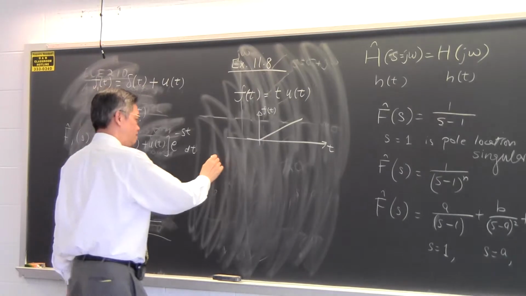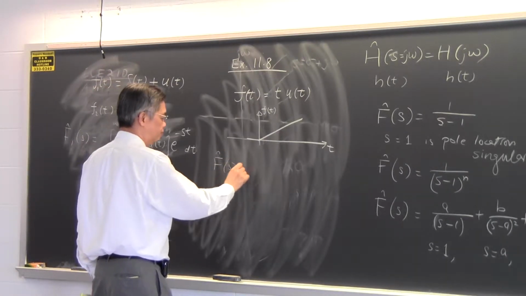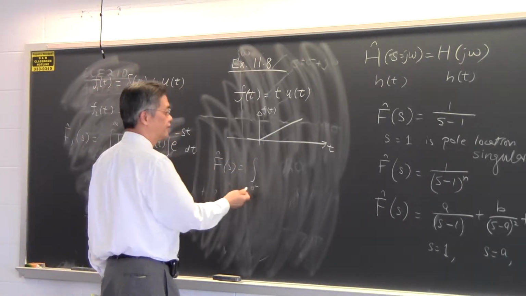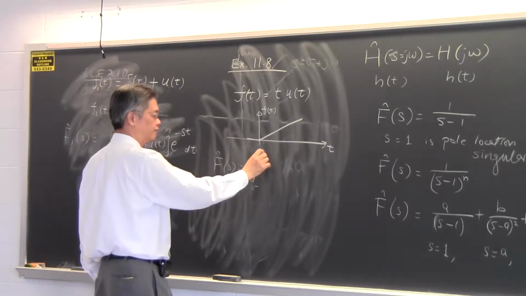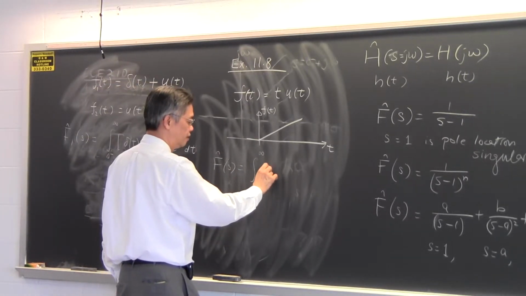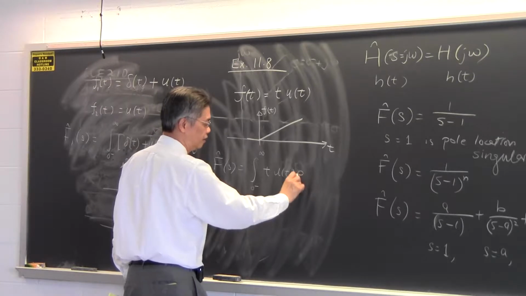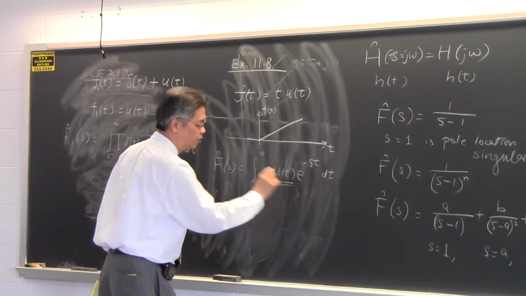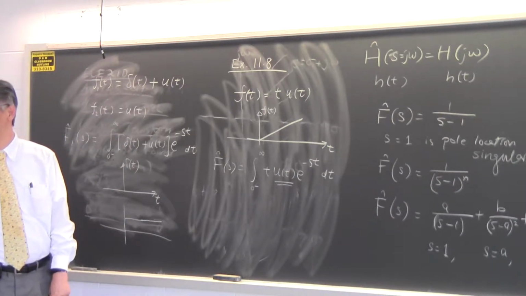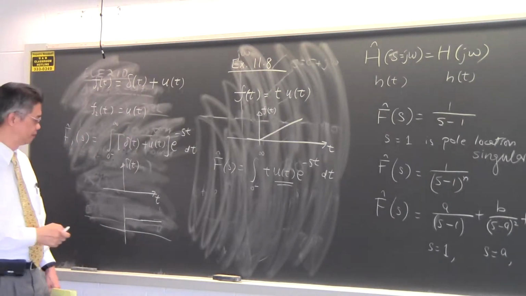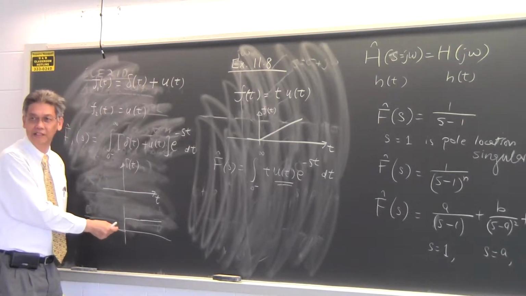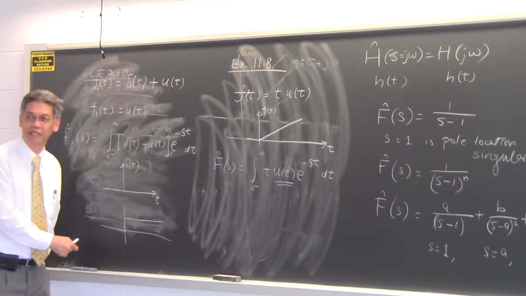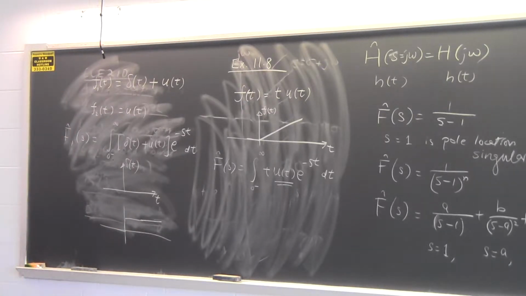And to find the Laplace transform, you would perform the integration. It doesn't matter for this function whether you start from 0 or 0 minus. Okay, the integral of t u of t e to the minus st dt. u of t is always equal to 1 within this range of integration, except for that very tiny bit at the very beginning. But the area that it contributes to this integral is 0.